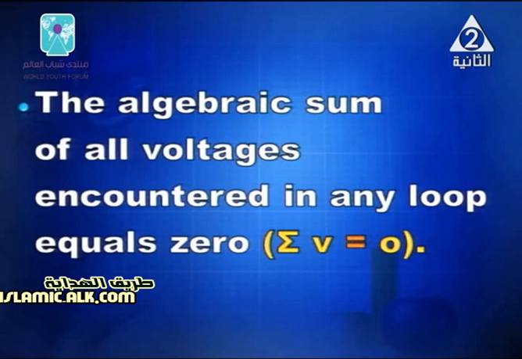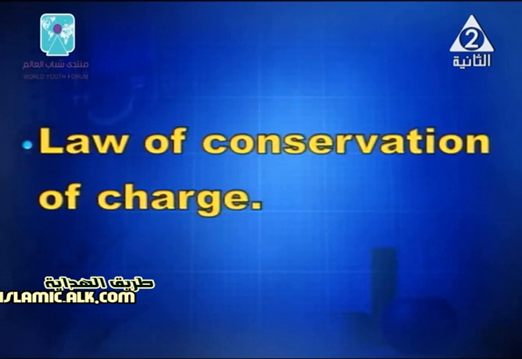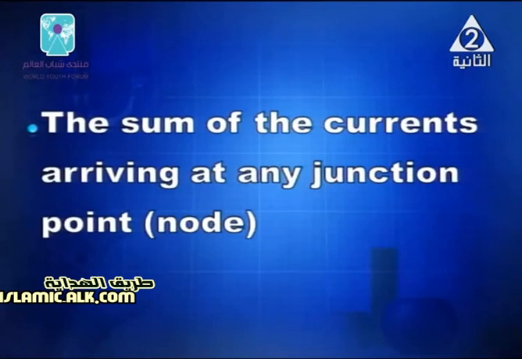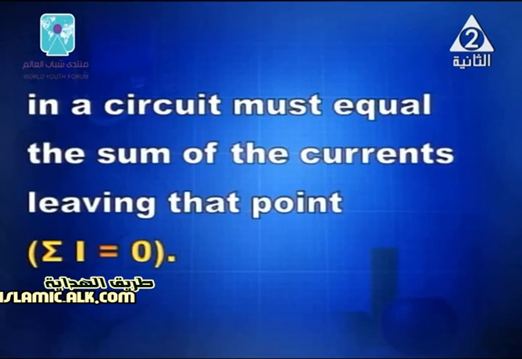And what about the relation that expresses the law of conservation of charge? Law of conservation of charge is the first law of Kirchhoff. It states that the sum of the currents arriving at any junction point, at any node in a circuit, must equal the sum of the currents leaving that point.